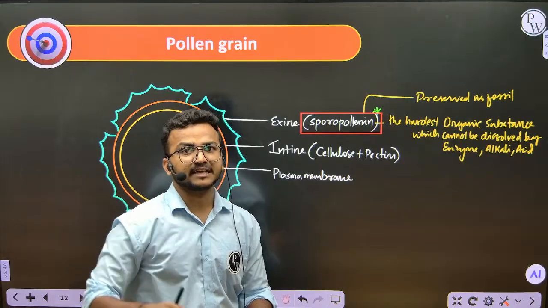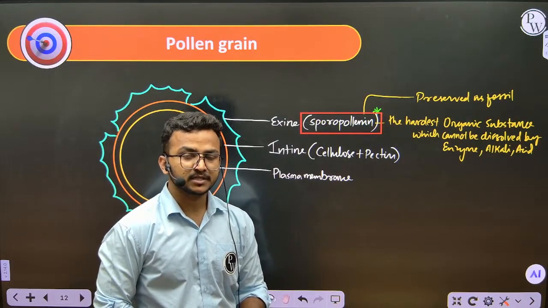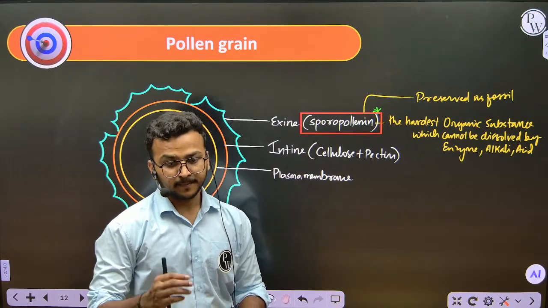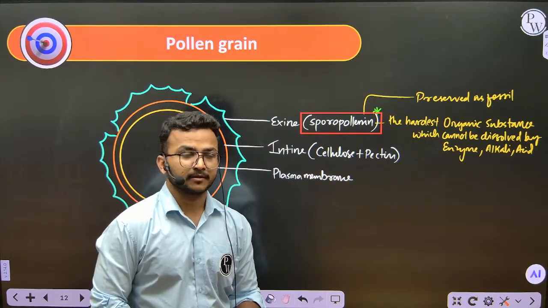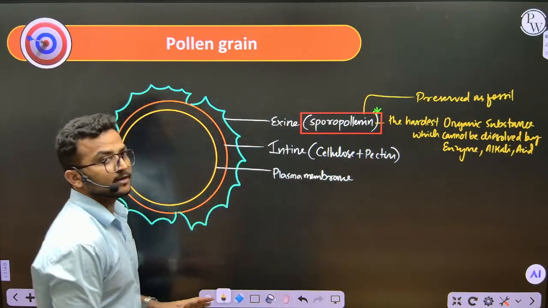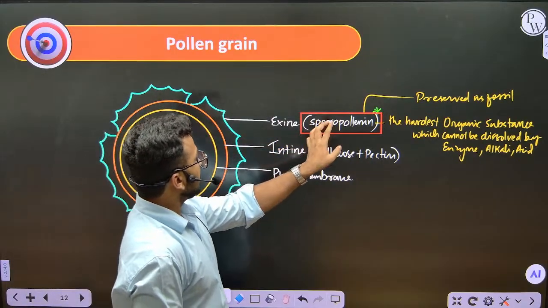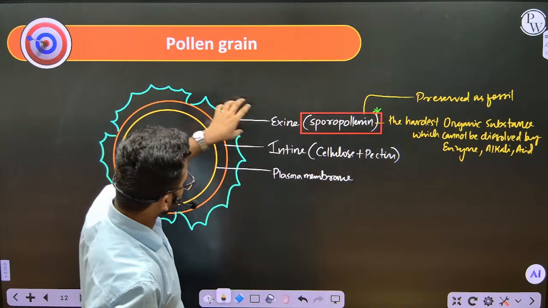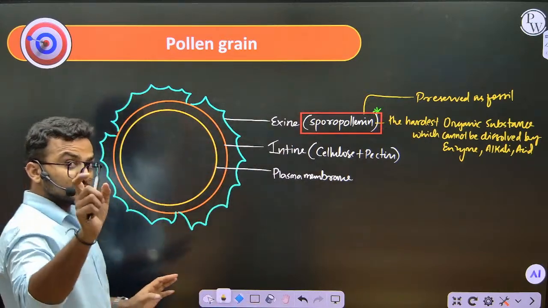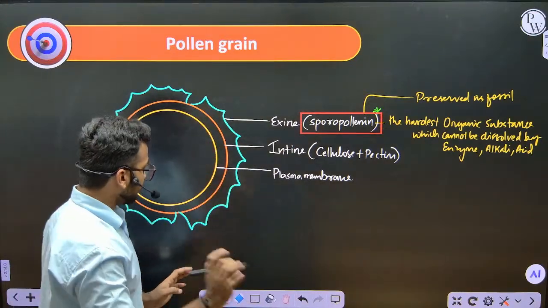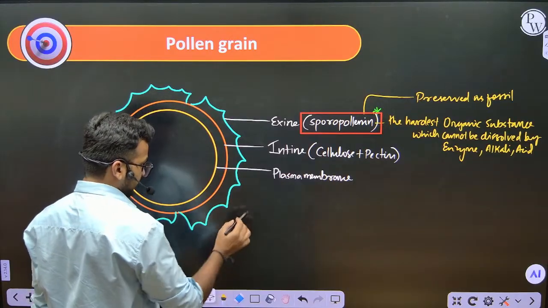Different textures are exhibited by pollen grains that you can see in electron microscope. So here exine is made up of sporopollenin and it is irregular. Those features are also important. What I am discussing is also important there.